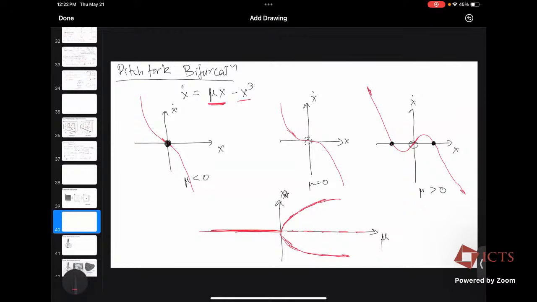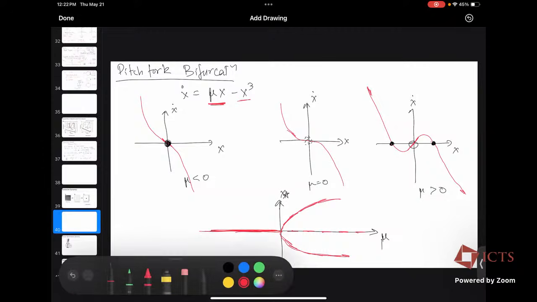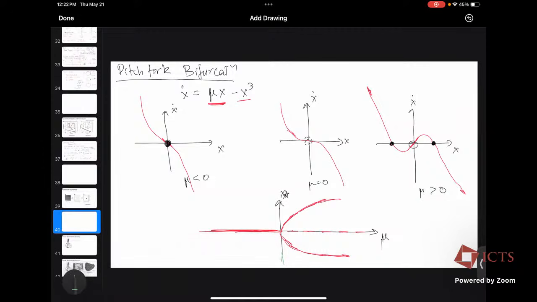Now, one could ask, what is the point of a system like this? Where might a dynamical system like this be relevant? I'm going to describe this a bit more abstractly first. Broadly, the way to think about it is that you can think of this region over here as being a region where you can take decisions. So for mu less than 0, I am uncertain about what choice I want to make.